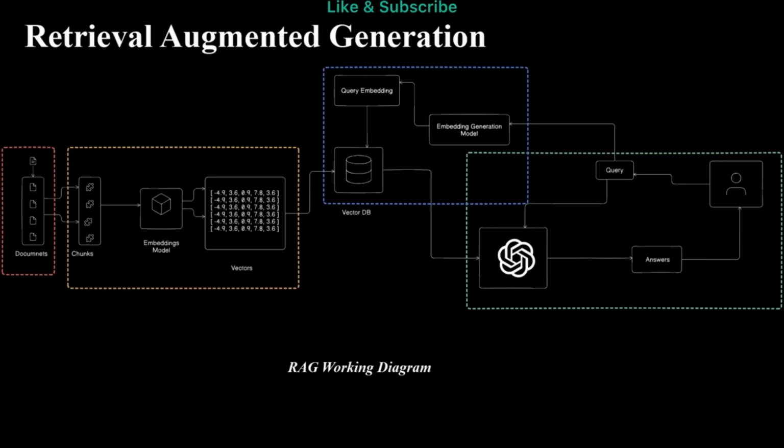Now from the right side we have our user. The user asks a query, and this query goes to the embedding generation model, so again we generate a vector embedding from the user query. Now we have our vector database with all the vector embeddings of our uploaded documents, and also the vector embedding of the user's query.